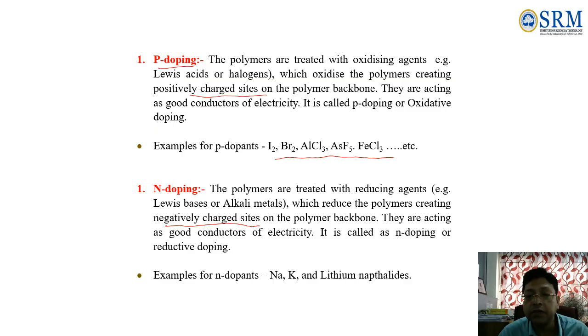When they are treated with conducting polymer, they transfer the electron to the polymer backbone, and therefore the reduction takes place. As a result, there is a creation of negatively charged sites, which leads to the enhancement of the conductivity. So that is called n-doping or reductive doping.